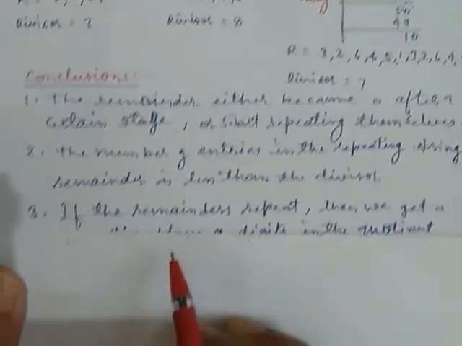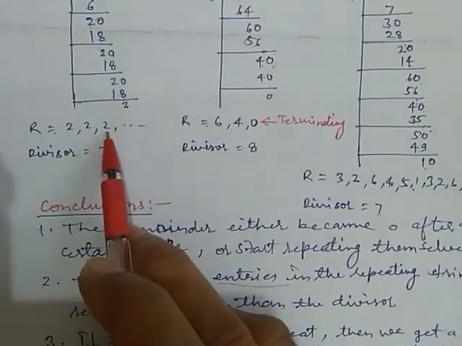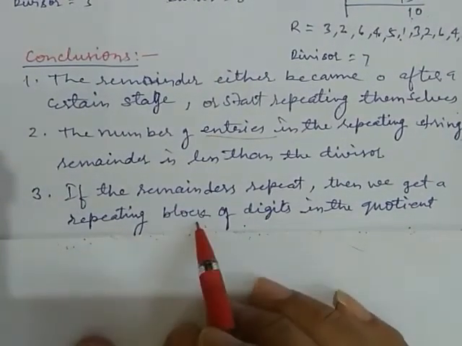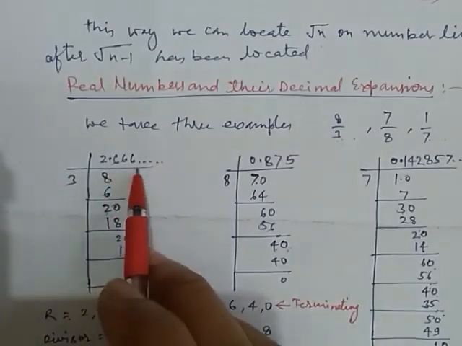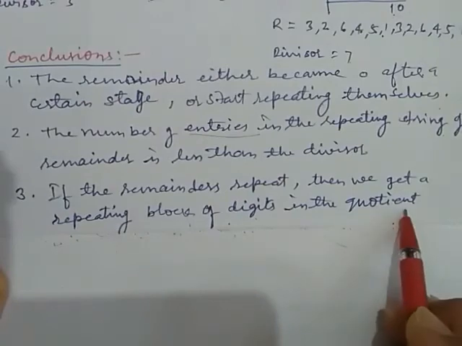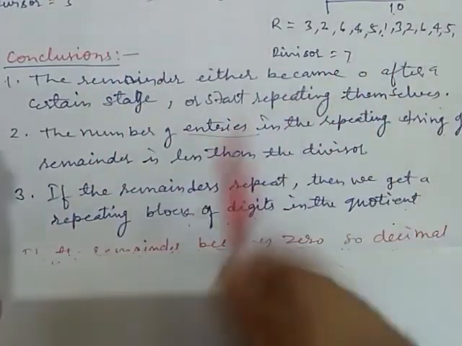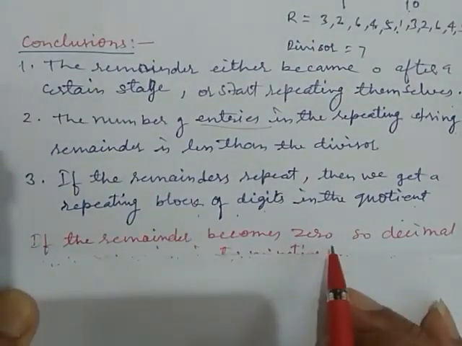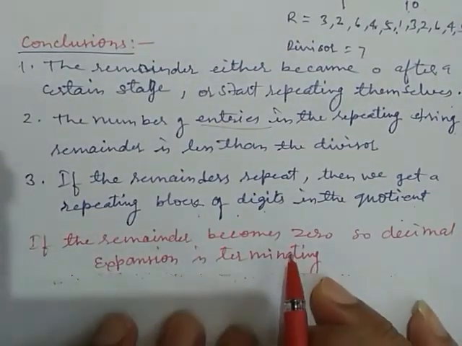Now if the remainder repeats, as here the remainder repeats, then we get a repeating block of digits. Okay, a repeating block of digits like this. Here there is a repeating block of digits in the quotient. Okay, these are 3 conclusions, 3 different types of division. If the remainder becomes 0, the decimal expansion is terminating.